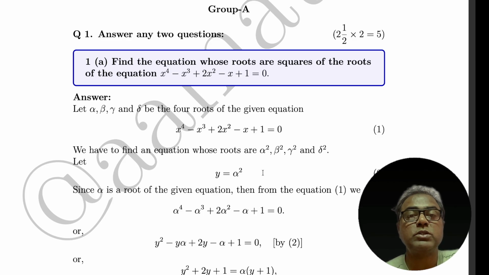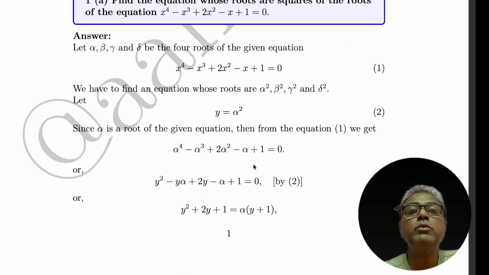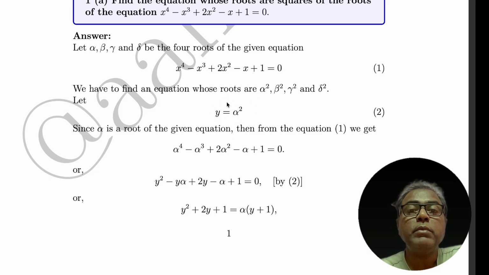Let y equal to alpha square. Since alpha is a root of the given equation, from equation 1 we can write in place of x, alpha: alpha to the power 4 minus alpha cube plus 2 alpha square minus alpha plus 1 equal to 0. Now, putting y in place of alpha square.